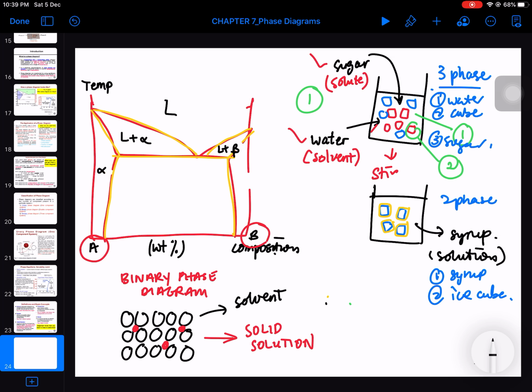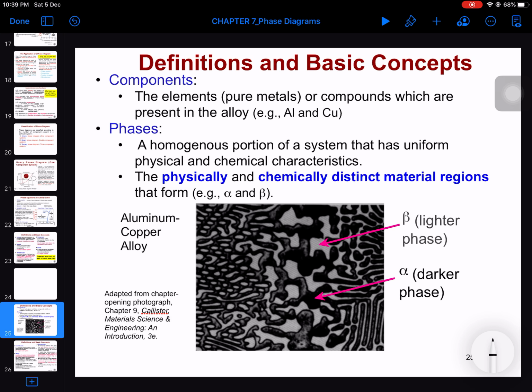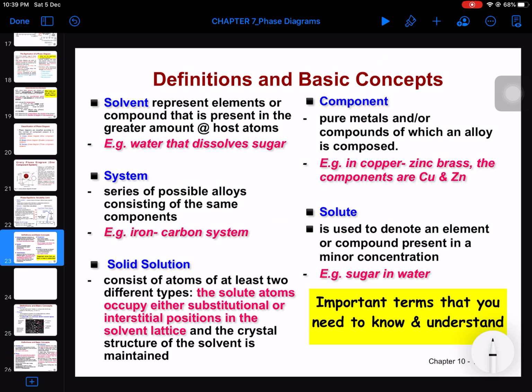So this is the area for alpha, this is the area for beta, and this is the area for alpha plus beta. The yellow lines are the phase boundaries that separate all the phases within the binary phase diagram. What else did we not cover here? I guess that's fine.